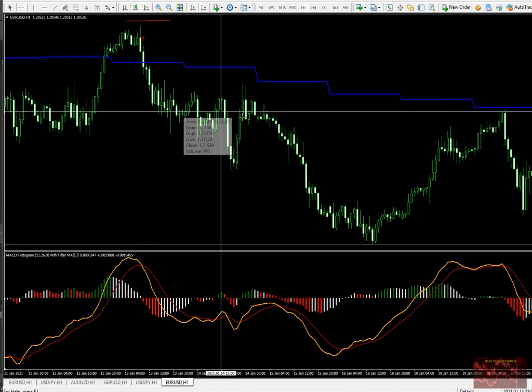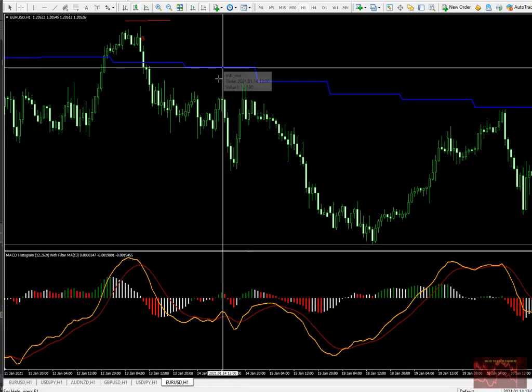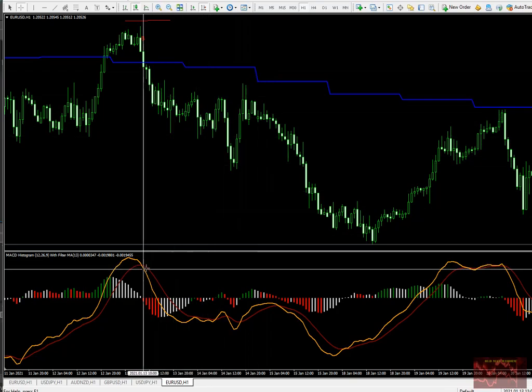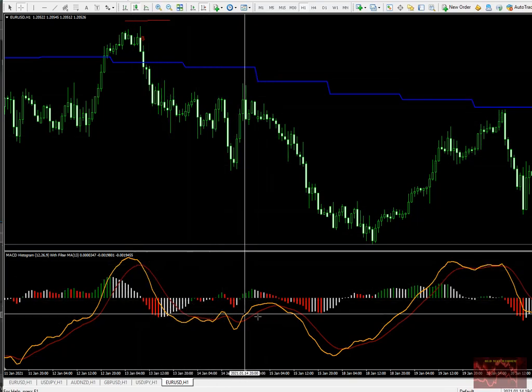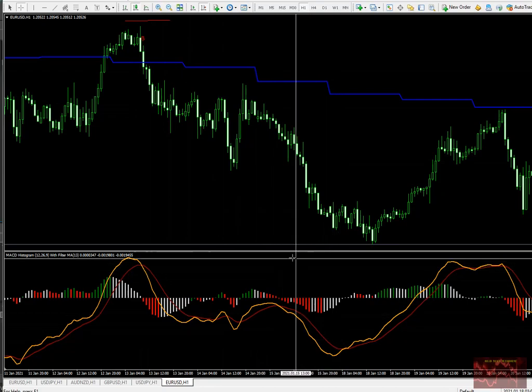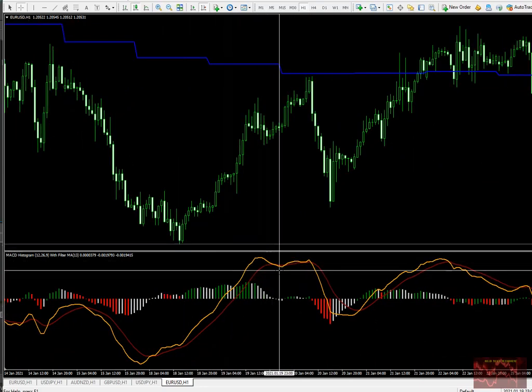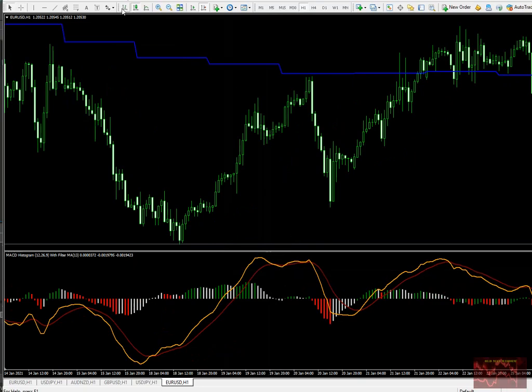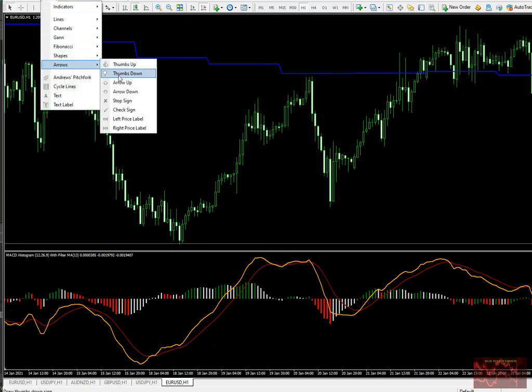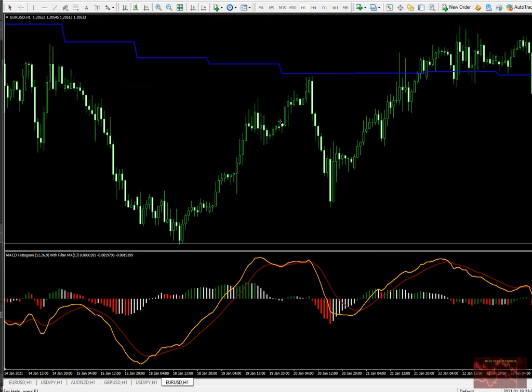So price remains below the 1-day moving average, so you're looking at a crossover above the 0 line. None of this matters down here. The next crossover occurs just about there. So we're going to put a down arrow. Where was it?